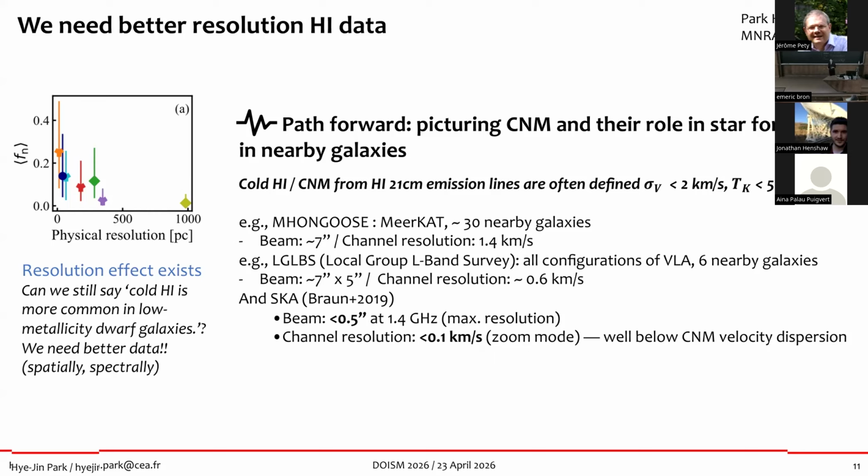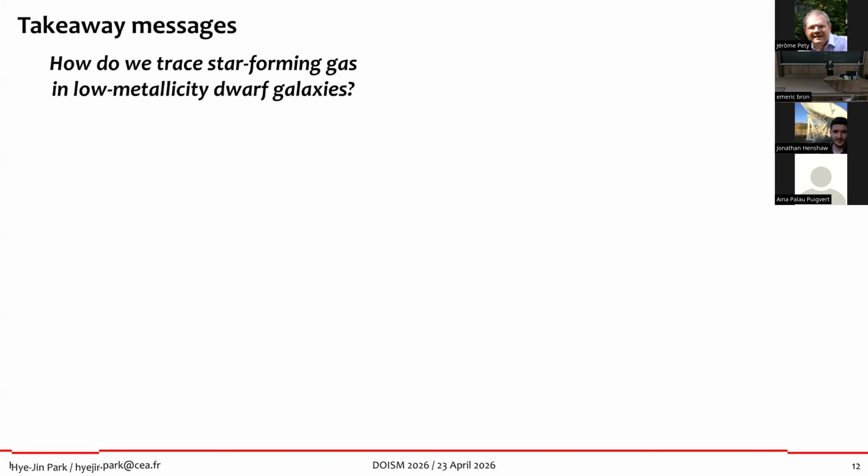So it will be a good data set for this sort of test. And the SKA, with a beam size hopefully smaller than 0.5 arcsecond, and a channel resolution smaller than 0.1 kilometer per second, which is well below the CNM velocity dispersion criteria.